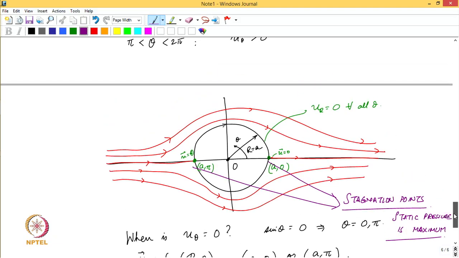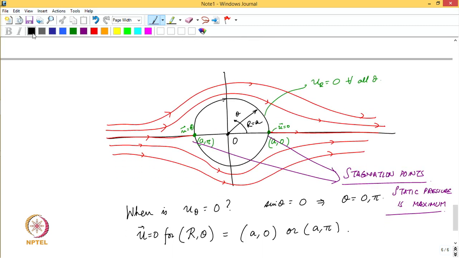All right. So, this is all about flow past a circular cylinder obtained by combination of a uniform flow with a doublet. And we saw in this case that the total force on the cylinder is 0. So, there is no force along the horizontal or vertical direction. What we will do in the next lecture is to derive a solution in which there is some force over the cylinder, but that would only be because of pressure.